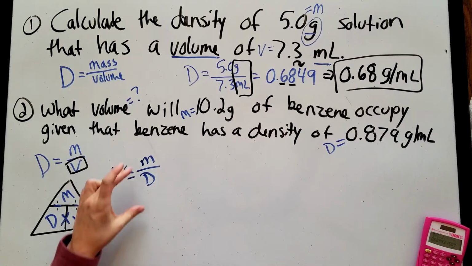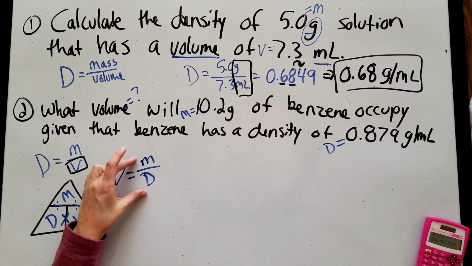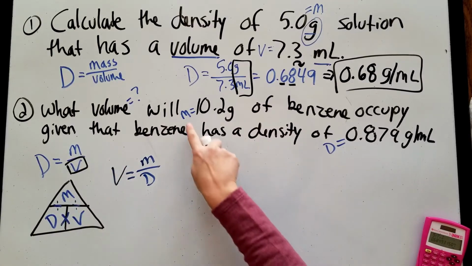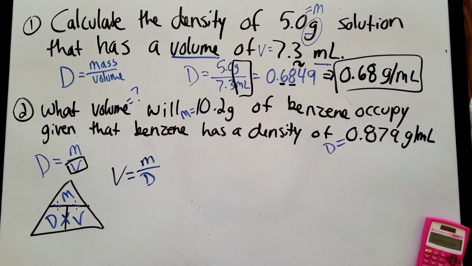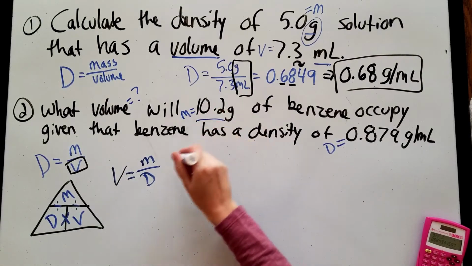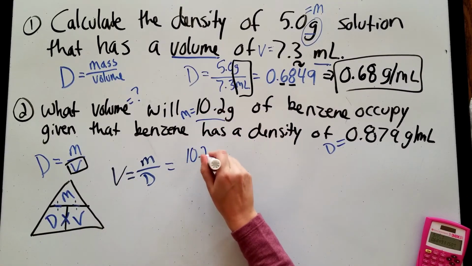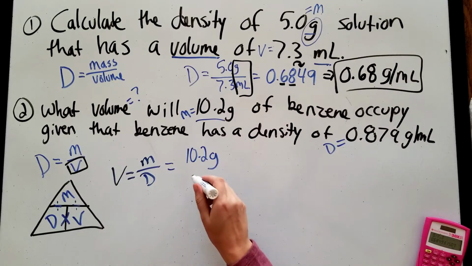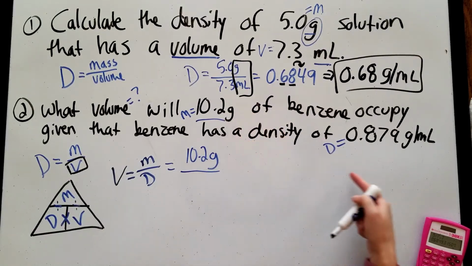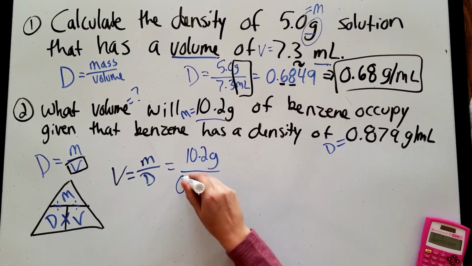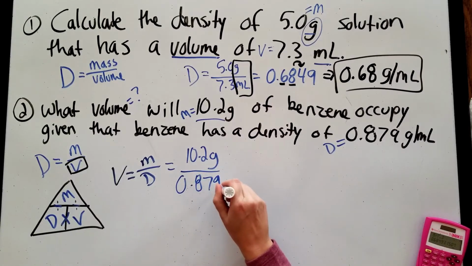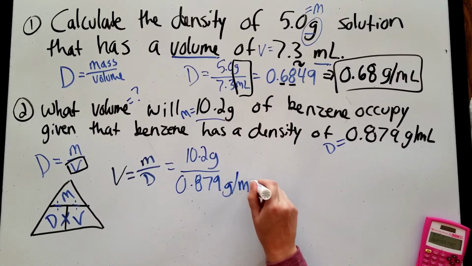So now I just need to figure out what my mass is and what my density is and plug those in. We already did that. We said the mass is this 10.2 grams, and we know that because the units, grams, is a mass. The density is 0.879 grams per mL.